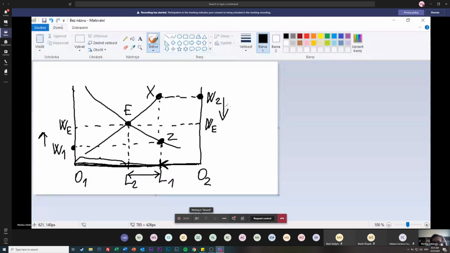I would like you to see what I am now drawing. You can see as a tendency, here is the equalization of wages between countries because of migration.